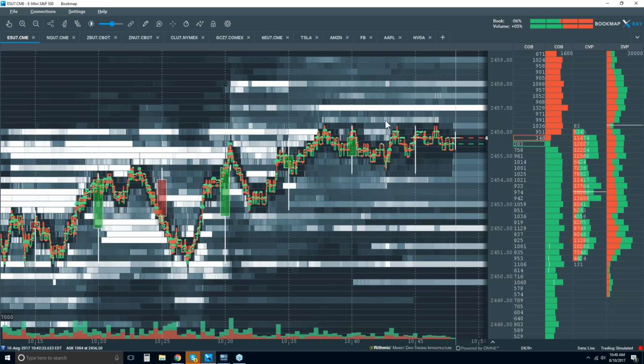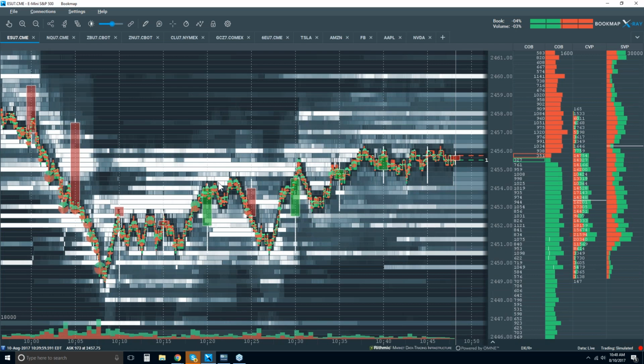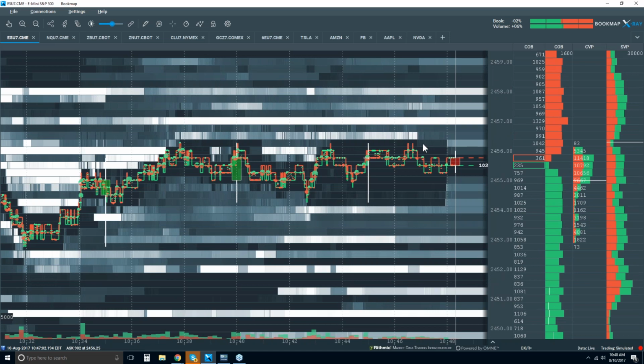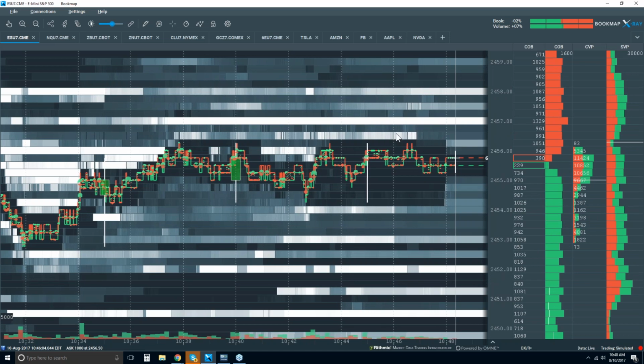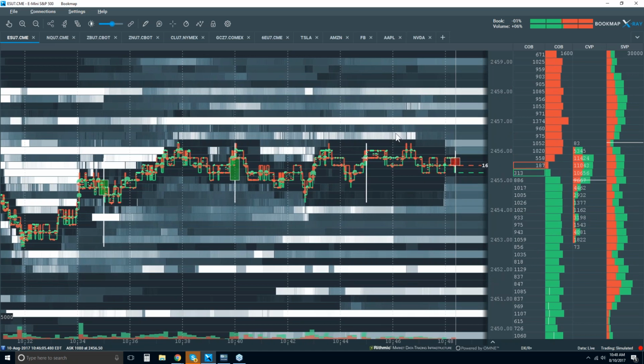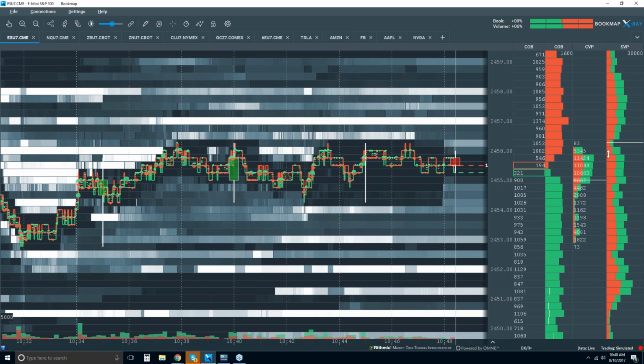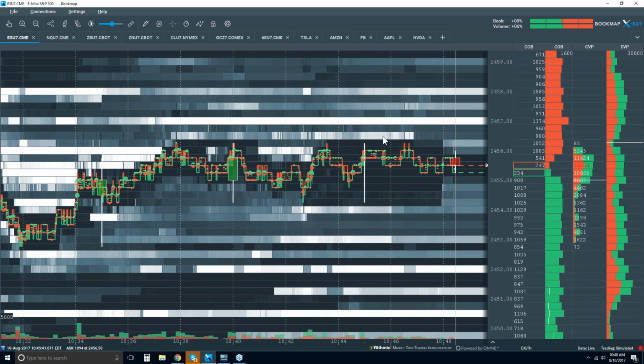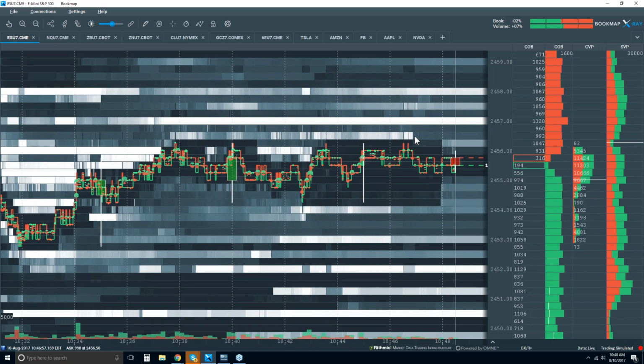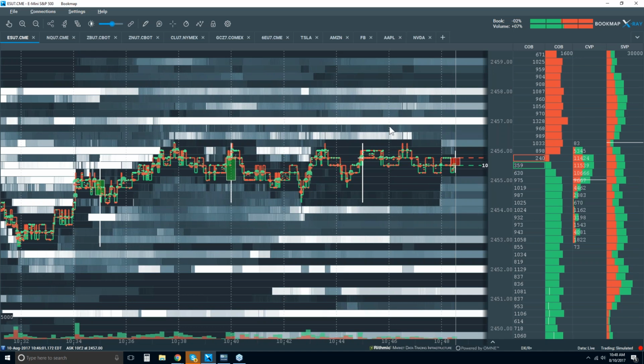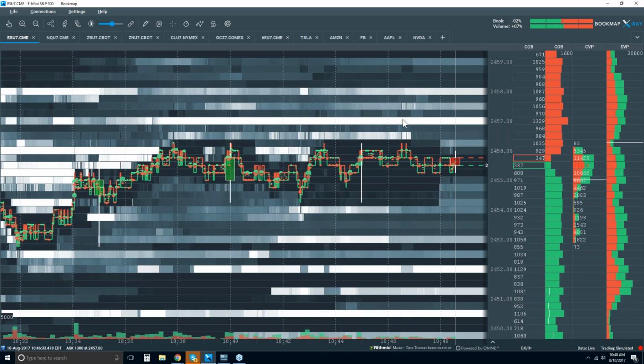Okay, you can start to gauge if they stayed in the book, if they got filled in some of these areas. The key to understanding the liquidity is just like understanding the traded volume and your volume profiles. We're not looking at one single line of liquidity to give us insight. We're looking at the overall context of an area.